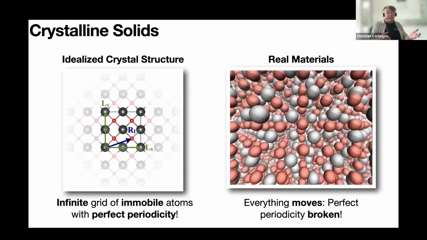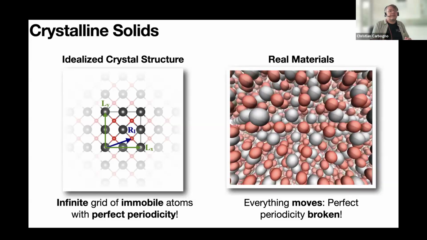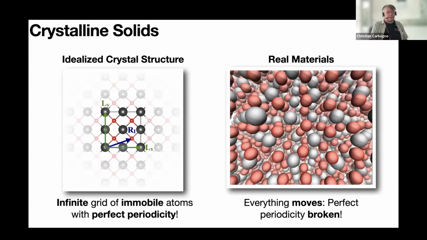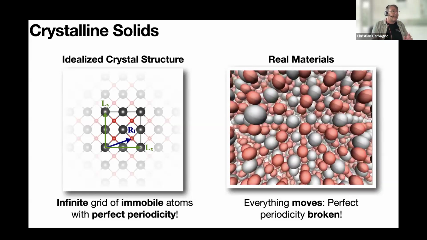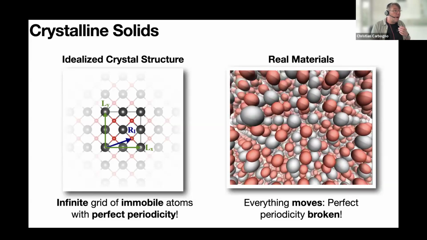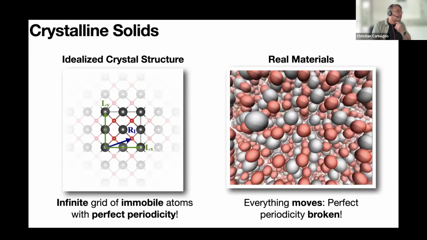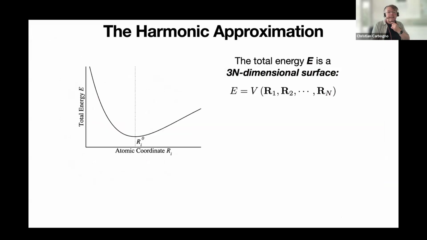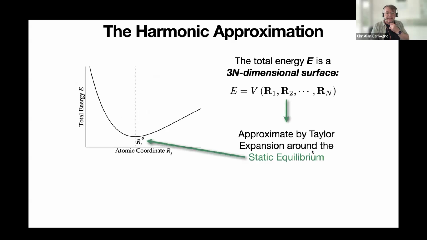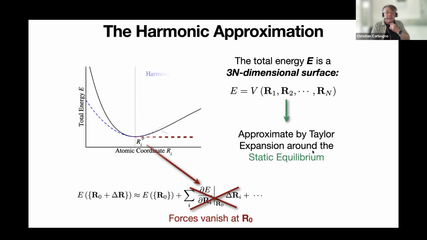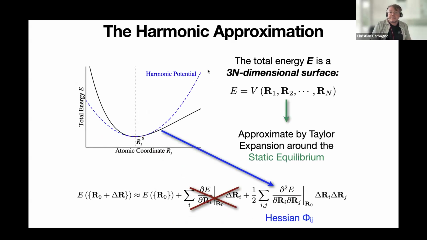And in a standard material, what you see is that they're actually only vibrating, moving a little bit around the equilibrium positions. And this is exactly why we can do a harmonic approximation. So if we go back to this simple sketch of a harmonic approximation, where we described our potential energy surface as a function with such a harmonic parabola, this is the region where atoms typically move.